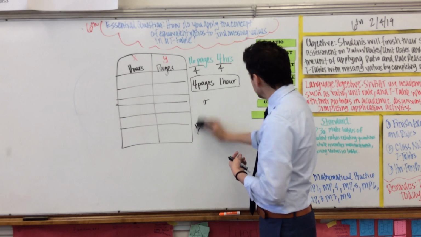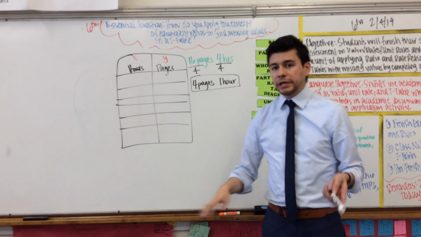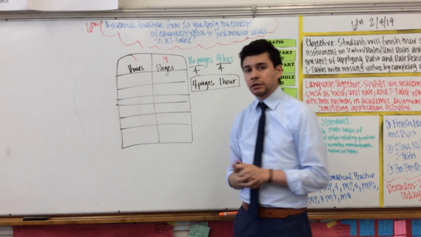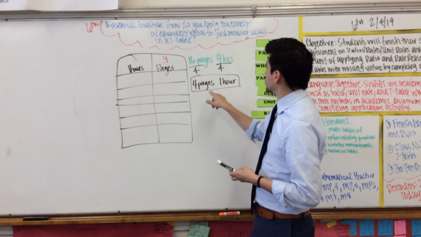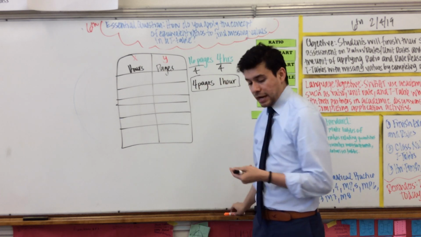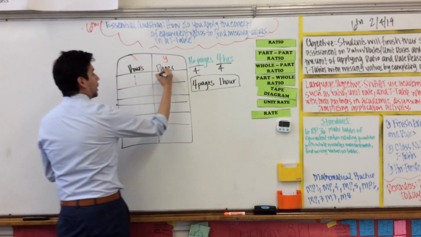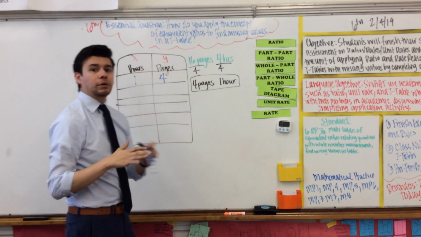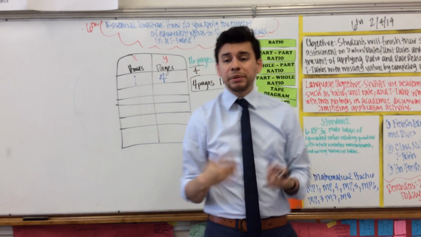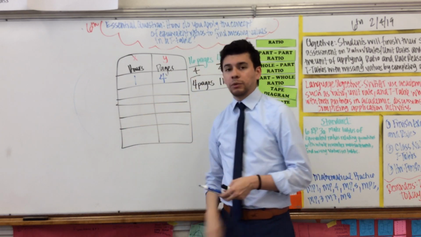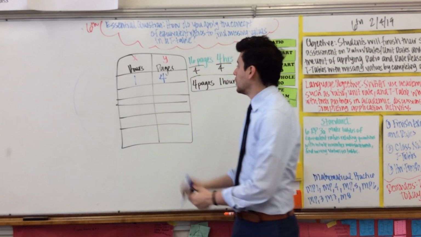So now we already figured out that hours goes here, pages goes here. Now let's start filling it in. So I know that I can read 4 pages in an hour. Okay, 4 pages in an hour. So in 1 hour, I can read 4 pages. Perfect. I could pick any number in this T-table. Any number I want.